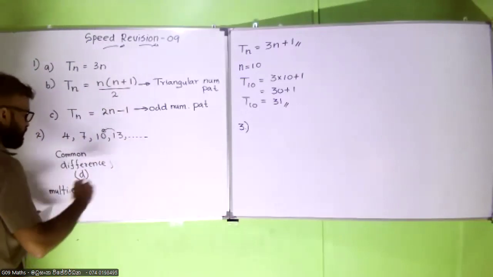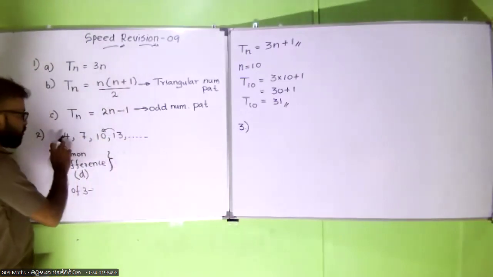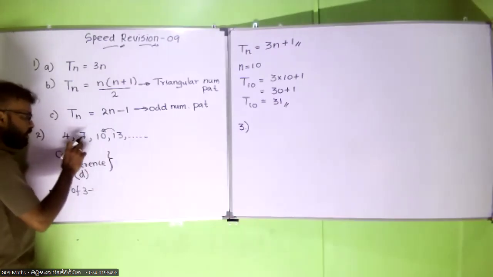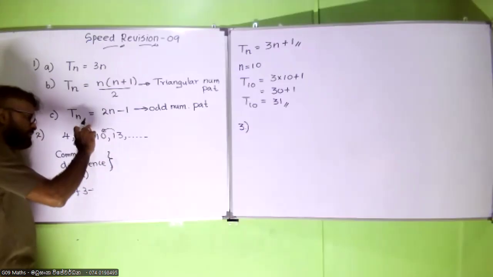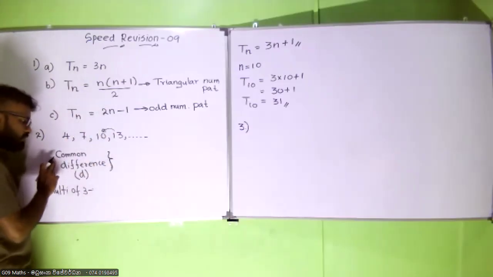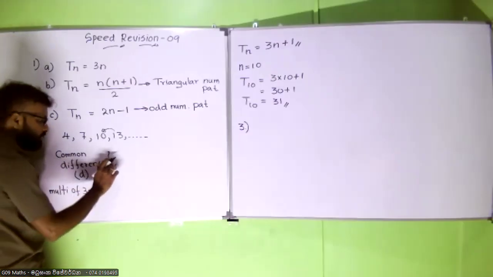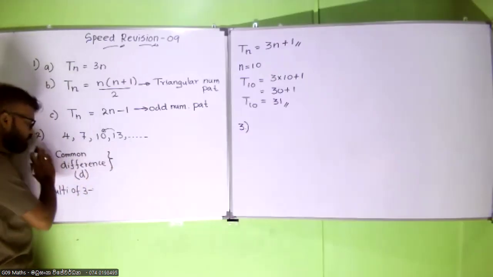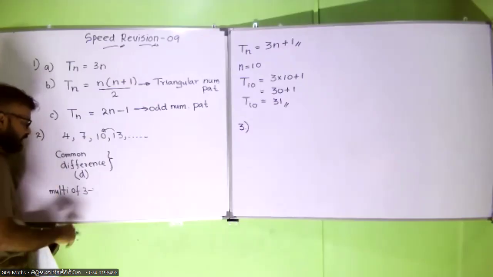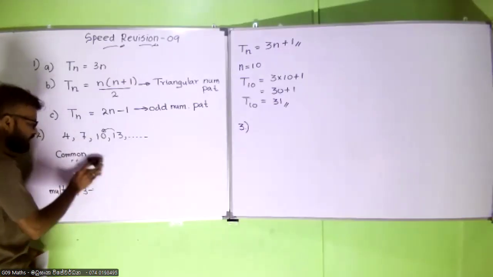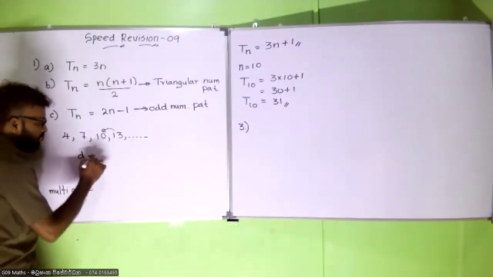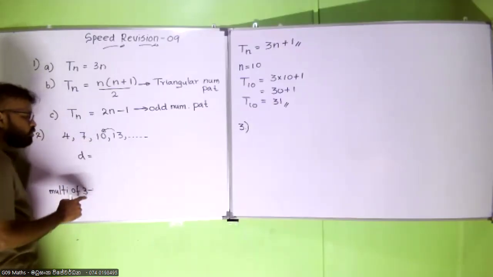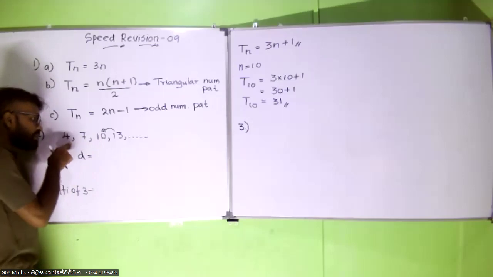First of all, I have written down the number pattern that they have given: 4, 7, 10, 13. You need to find the general term of this. The first step is to find the common difference, CD or simply D. No need to write common difference at all, you can just write D. Here you can choose any term except the first term.